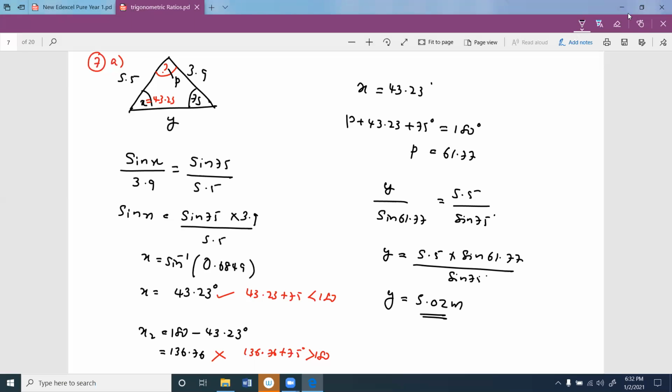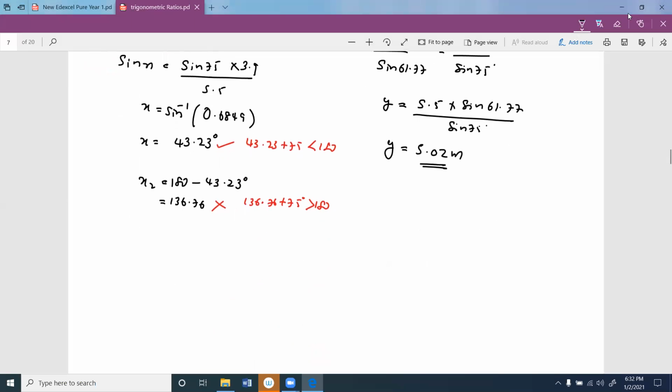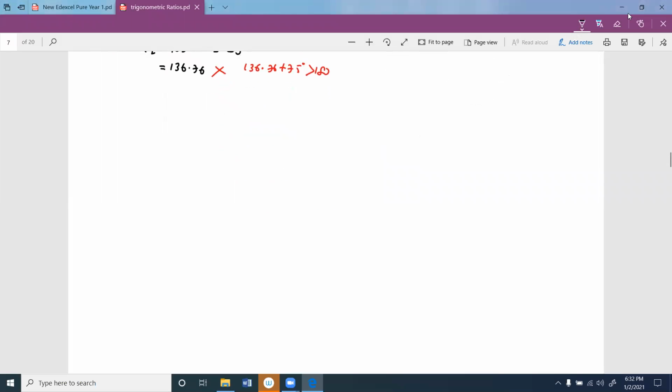Right, okay. Then I'll do a small extension for this. If the question comes in this format, how are you supposed to do it?